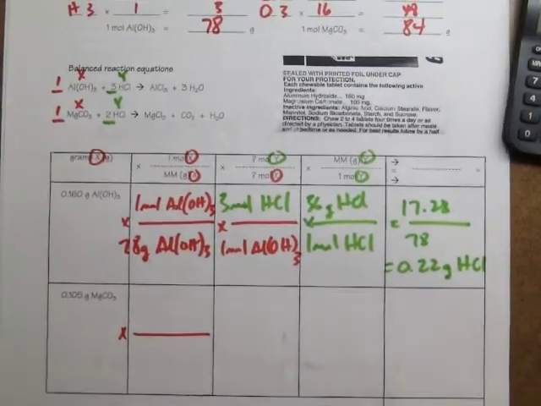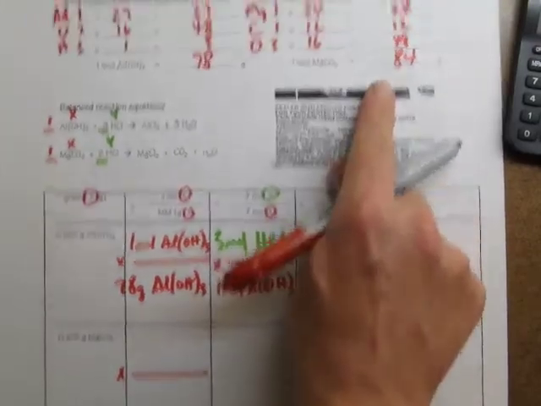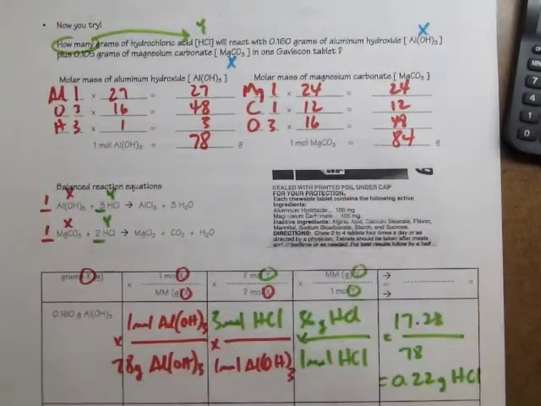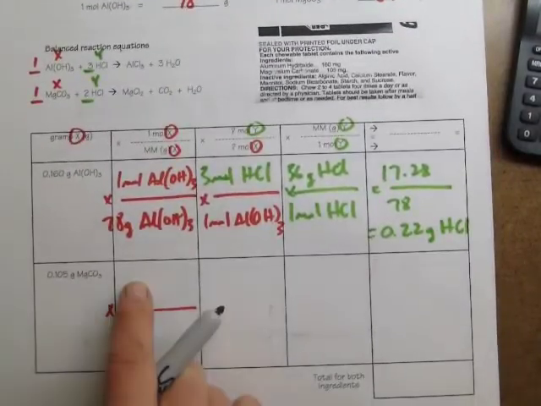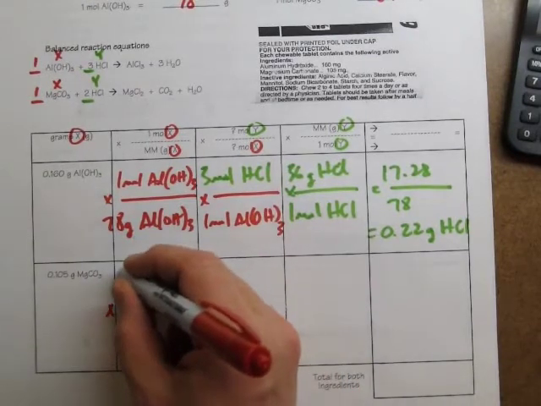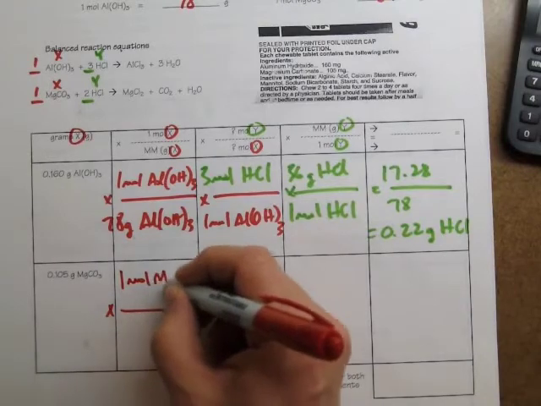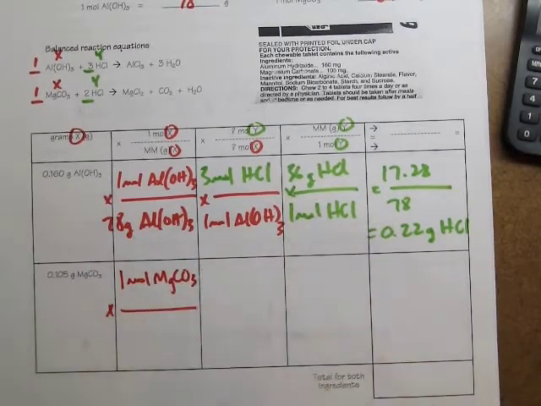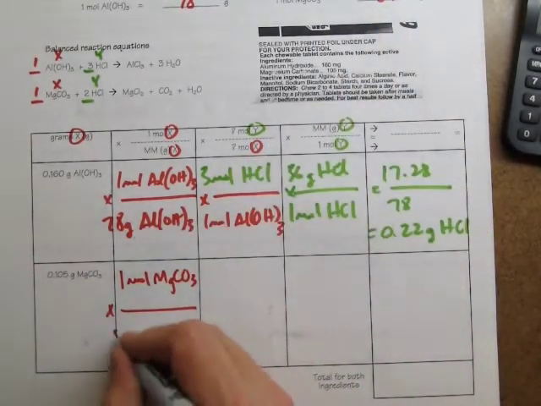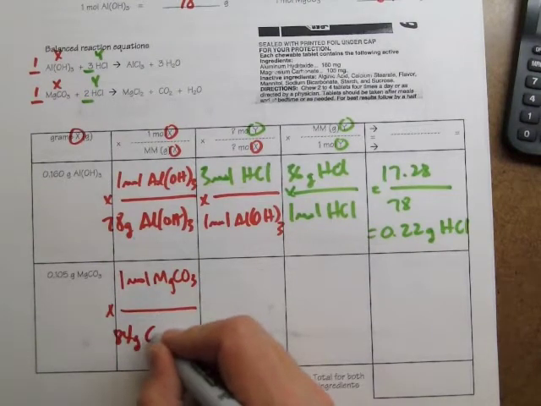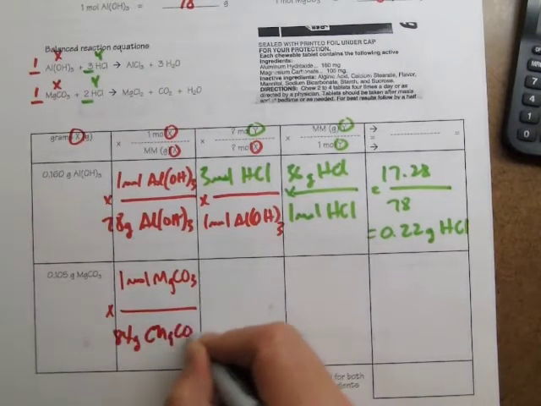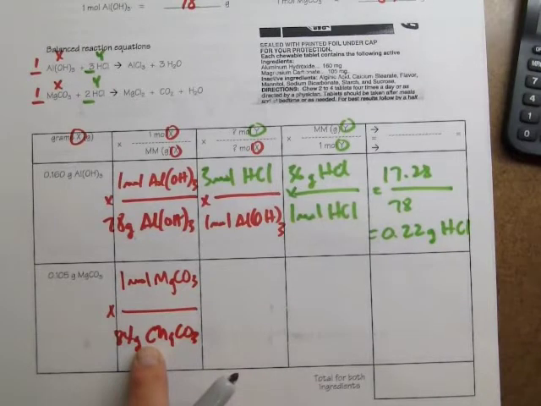And we'll use the molar mass that we calculated for that up here when we do that first step. So 1 mole of our X substance, which this time is magnesium carbonate, over its molar mass, 84. Oops. Almost wrote Ca.